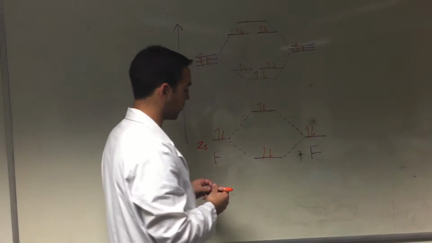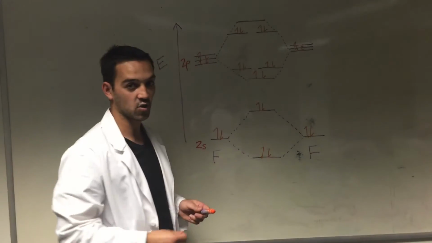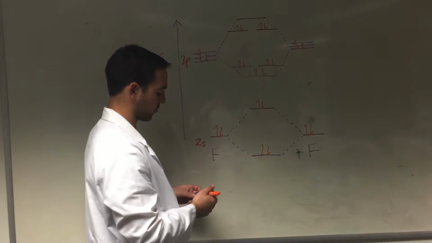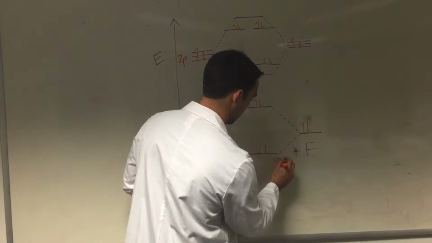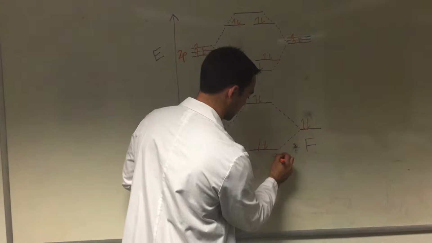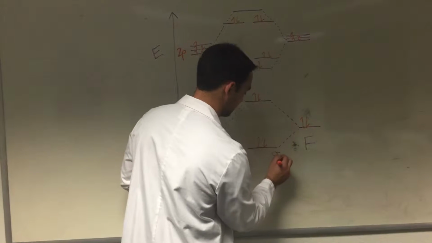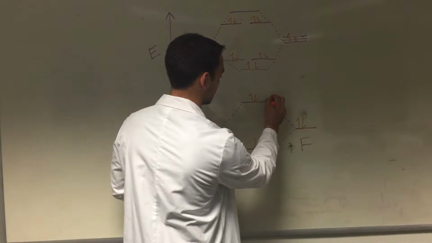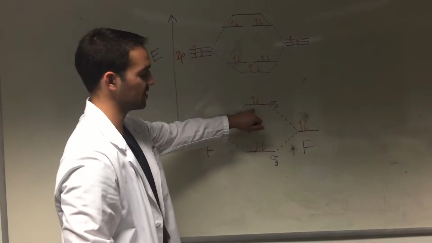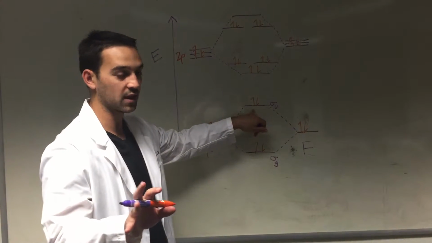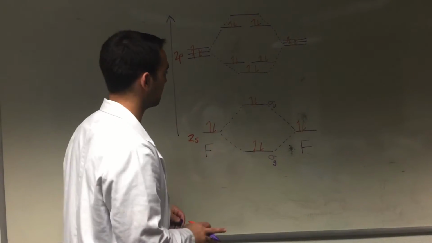So we have to figure out which of these are the bonding orbitals and which are the anti-bonding orbitals. This is our sigma orbital, and we'll call this sigma G, and we'll call this one sigma U. In this case, sigma U is our anti-bonding orbital, which we'll talk about in a little bit, why this is our anti-bonding orbital.